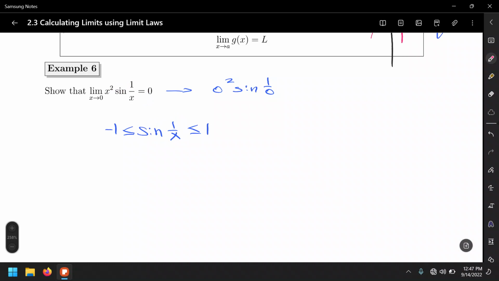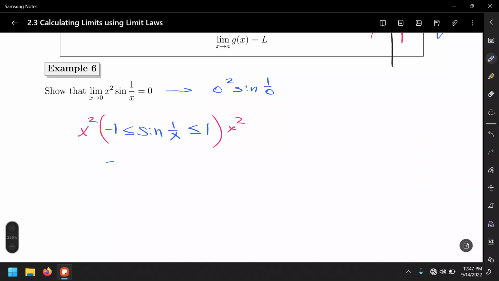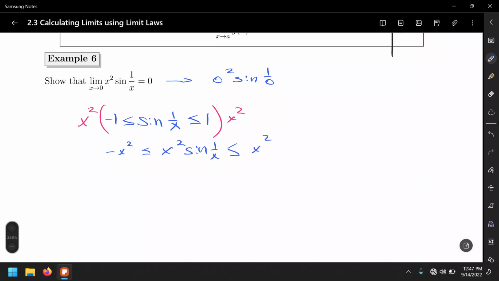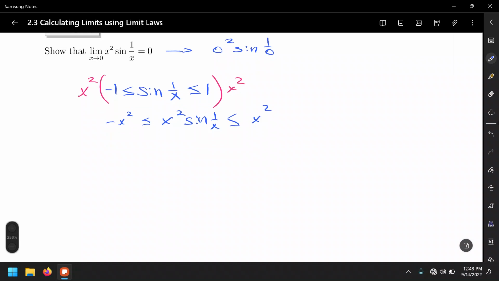So multiply by x squared. Negative 1 times x squared is negative x squared, less than or equal to x squared sine 1 over x, less than or equal to 1 times x squared, that's x squared. Is the expression in the middle matching the limit we want to compute now? Is there anything else that we need to do? So we're done with that part.